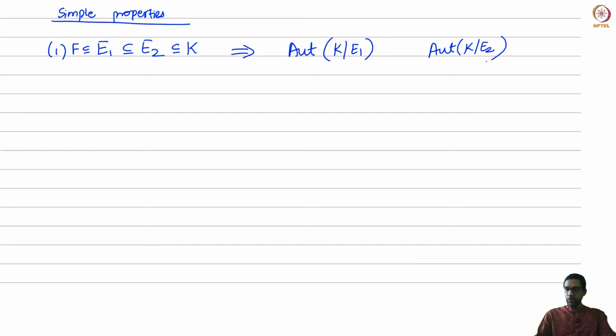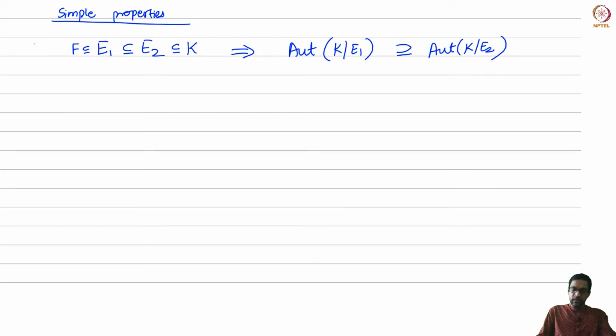Since E1 is smaller than E2, the group associated to E2 will be contained in the group associated to E1. This just follows from definition, because if an element sigma fixes everything in E2, it necessarily fixes everything in E1. So that's one direction, and maybe we should call this 1A.